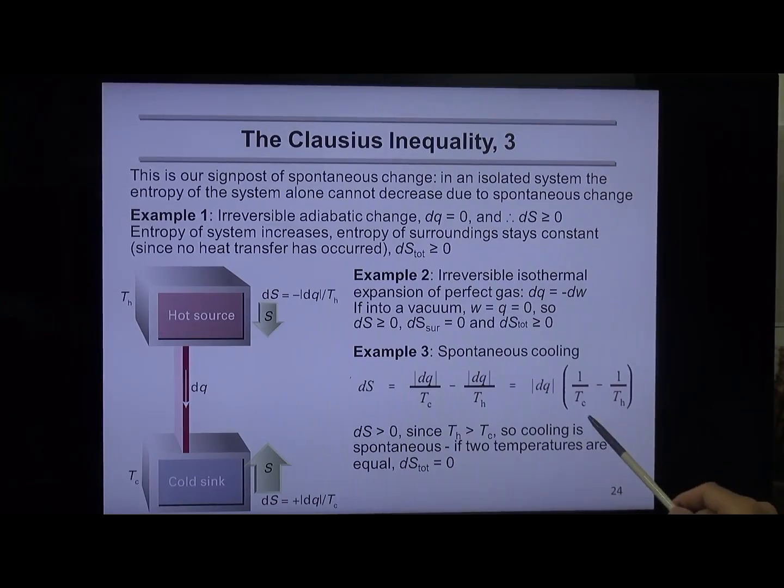If Th is larger than Tc, since this is hotter than the cold reservoir, then the dS is positive. So this kind of heat transfer from hot to cold is spontaneous, irreversible. It's obvious. Alright, this is the end of section 3.2.